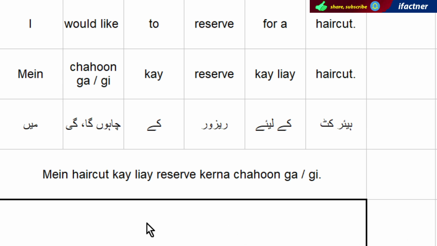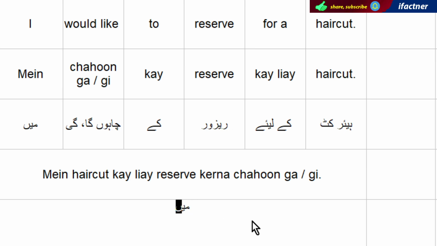So मैं is meem ye noon, मैं. Hair is he ye hamza re, hair, and cut kaf te, cut. के is kaf bari ye, के. लिए is lam ye hamza bari ye. रिजर्व is re ye ze vav re. करना kaf re noon alif, करना. चाहूँ che alif he vav and noon, and ga for male or ghee for female.